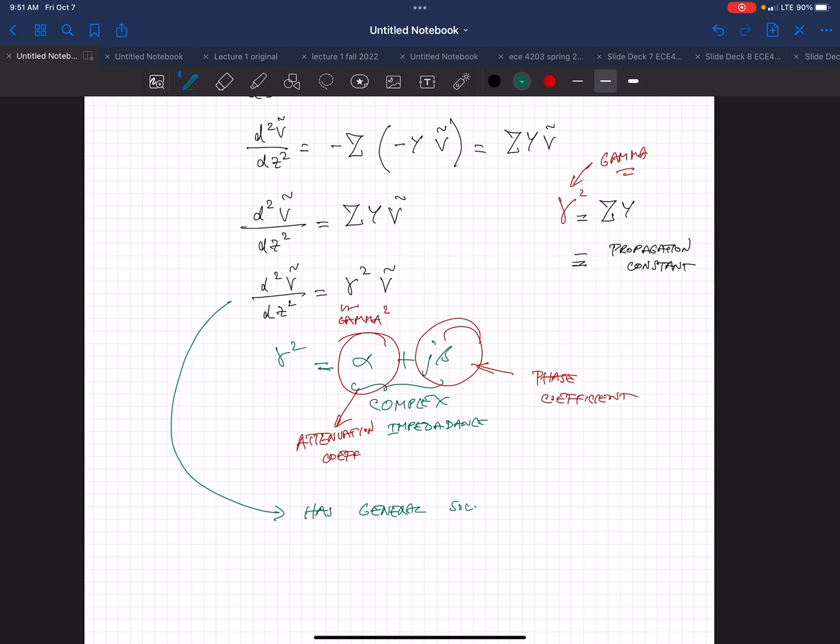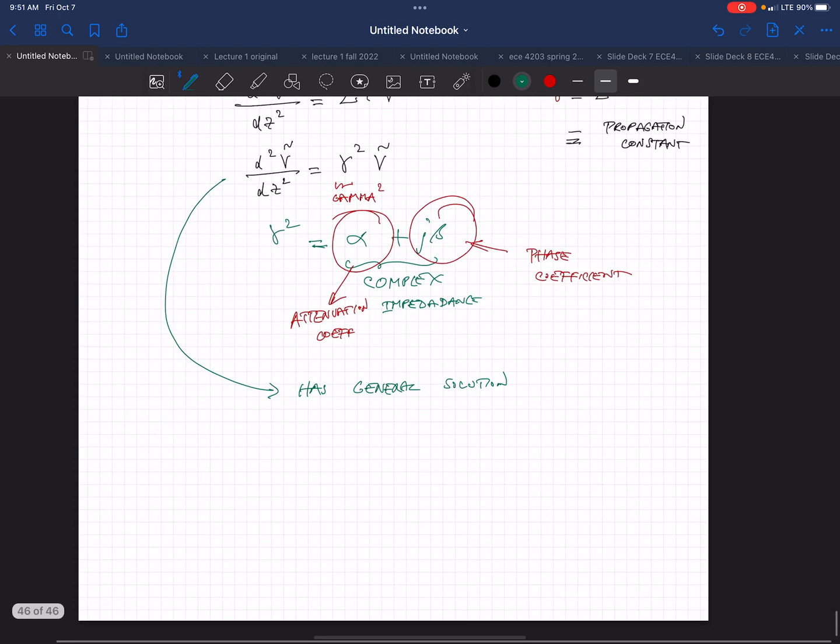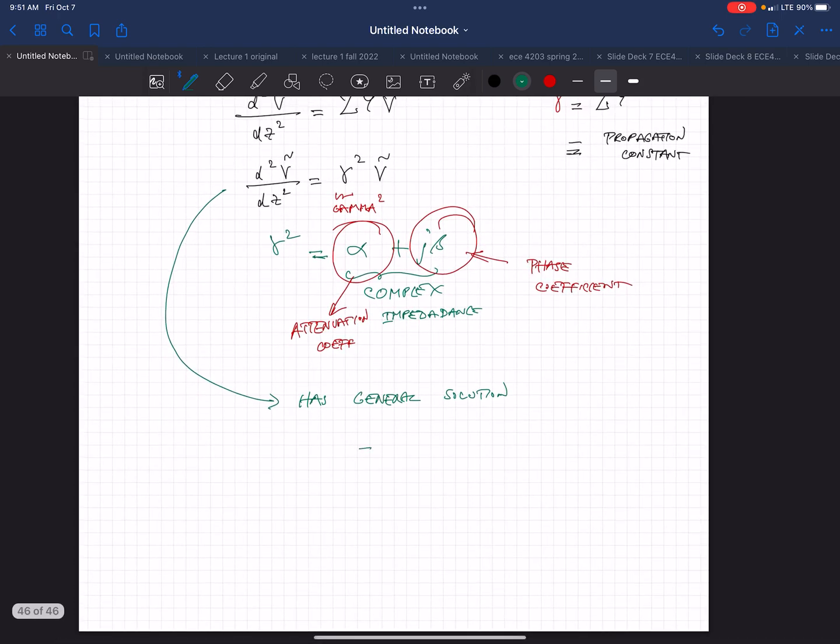General solutions look like e to the plus or minus alpha z times e to the plus or minus j beta z.